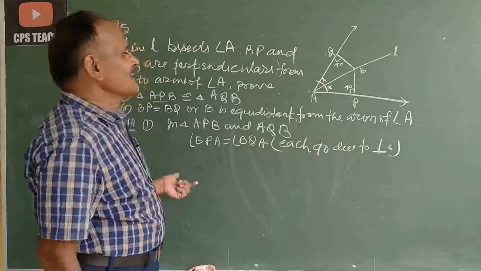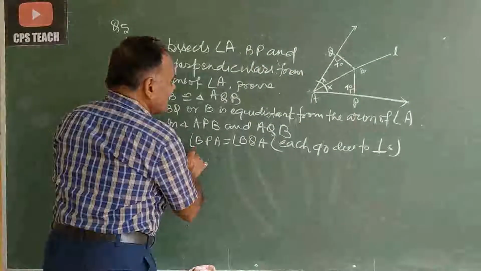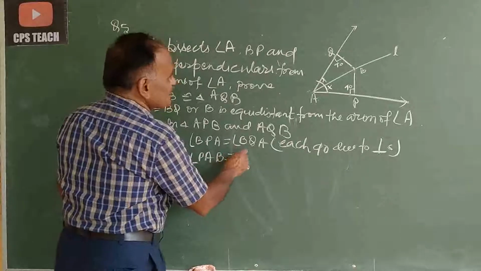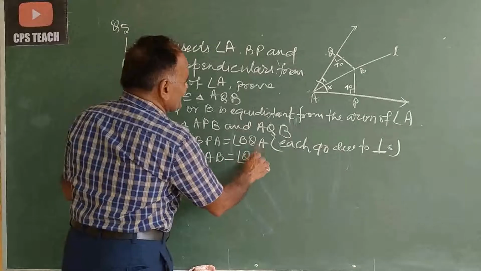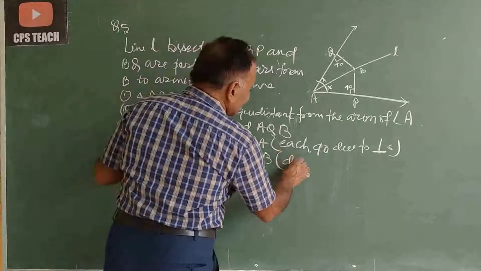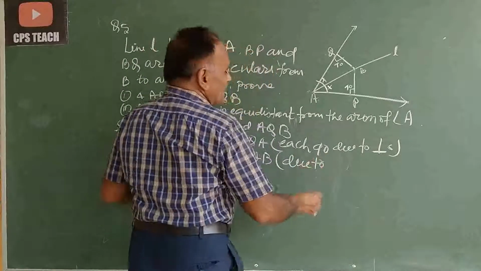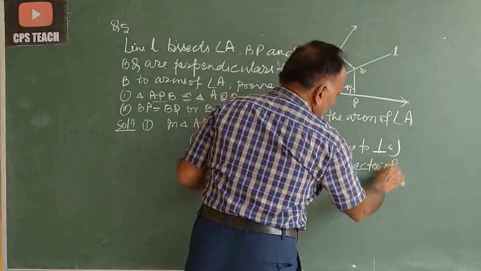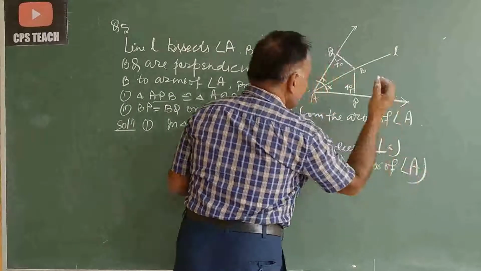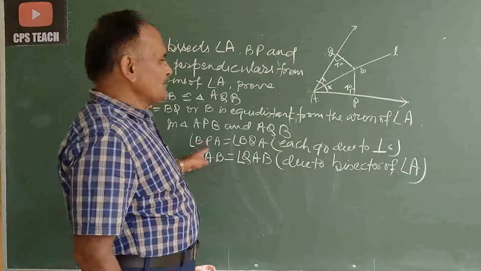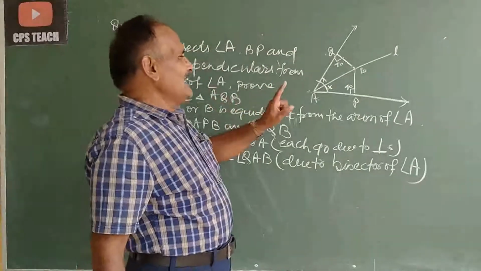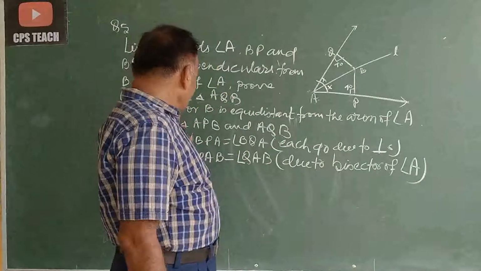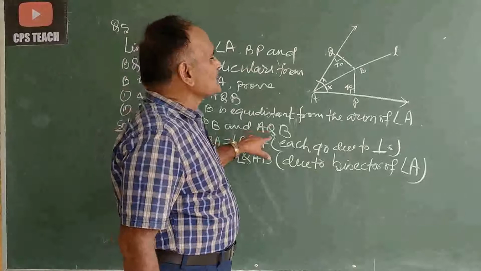Clear? And angle PAB is equal to angle QAB. This is due to the bisector of angle A. And now two angles are equal and one side, then we can prove APB congruent to AQB.